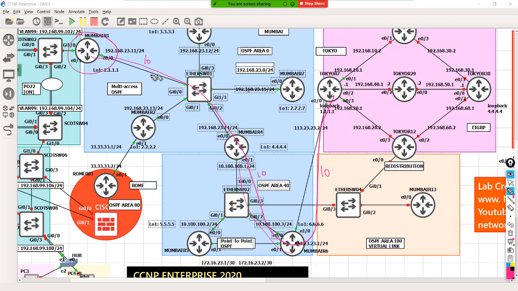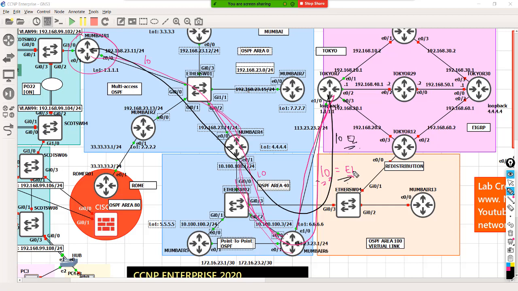If you ignore this switch, this would be one cost, this would be the second cost, and then from this router to this router it would be the third cost. But that is in the case of E1. How is E1 going to work? It's going to calculate the cost of every path. But in the case of E2, it's just going to take an overview. Let's say now it would just be 10.